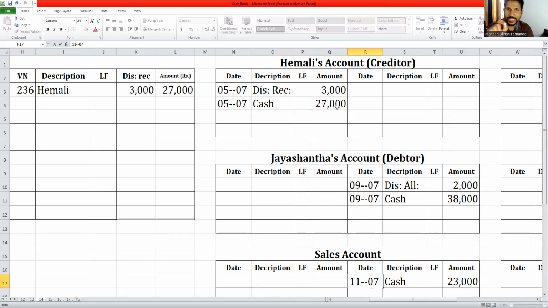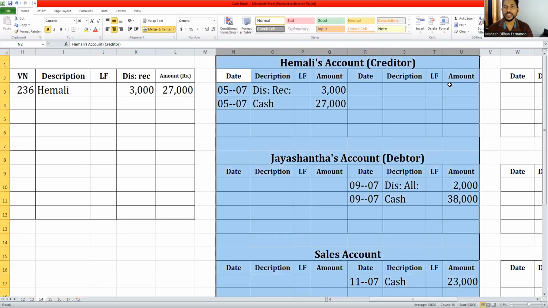If the question says to prepare the cash book only, do not prepare any of these ledger accounts because the marks or the time is not allocated for this requirement. Read the question and answer. Don't do everything that you know. There is no point.